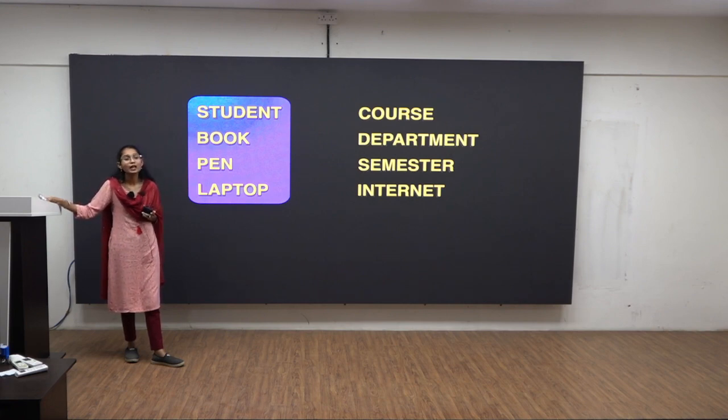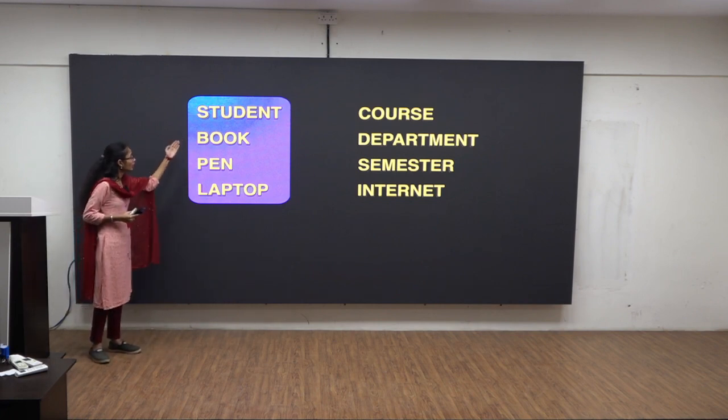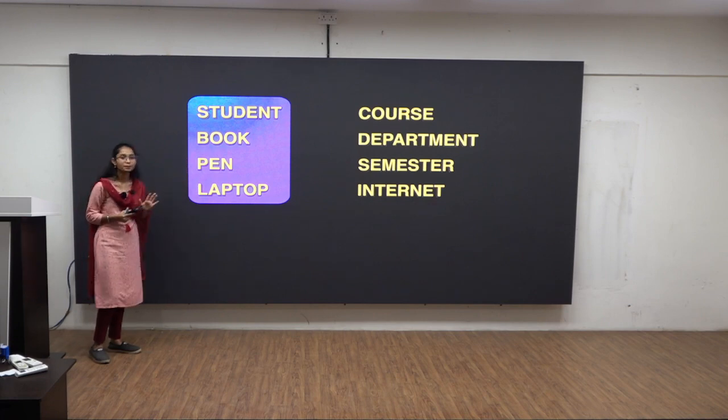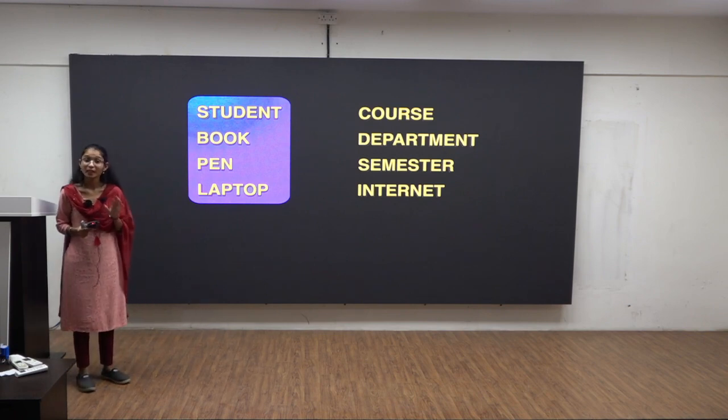But in this, you need to know and understand a certain differentiation. If you see very carefully here, a student, book, pen, laptop, can I touch and feel them? Yes.